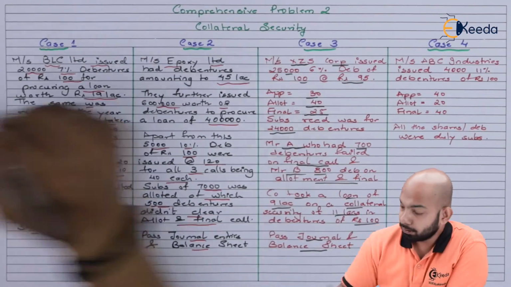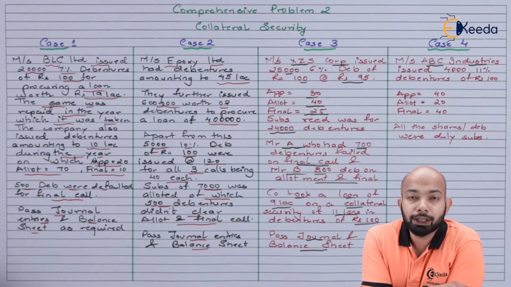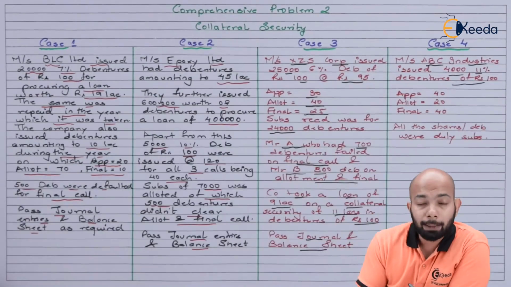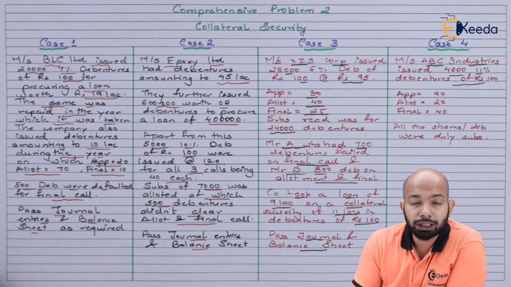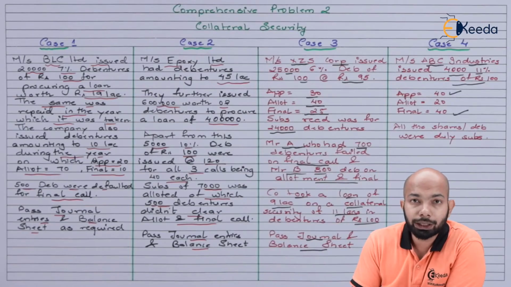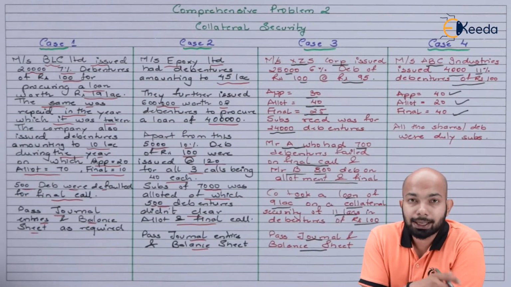ABC Industries. They issued 40,000 11% debentures of rupees 100 each. Now, on application and final call, they took around 40 each. And on allotment, they took around 20 rupees. All these debentures were fully subscribed here.